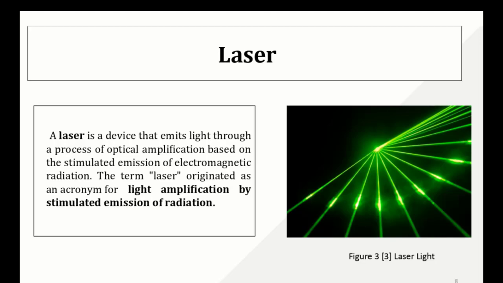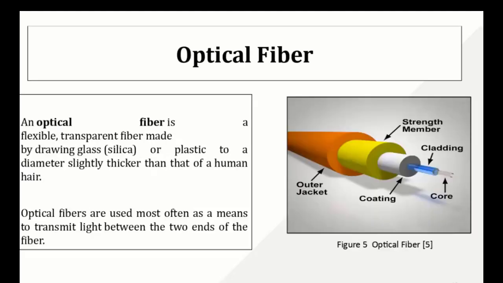We are also using a laser, and we know what a laser is: light amplification by stimulated emission of radiation. In this way, we get monochromatic, high intensity light. Optical fiber is basically a technology associated with the transmission of light pulses from one end to the other, over shorter or longer distances.